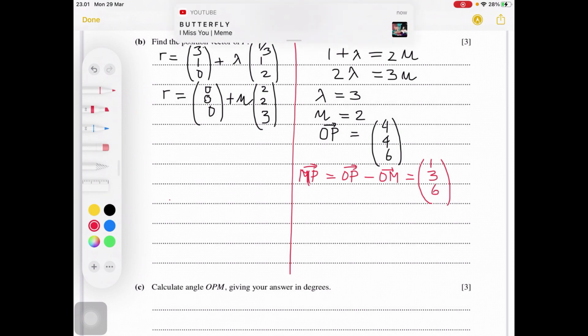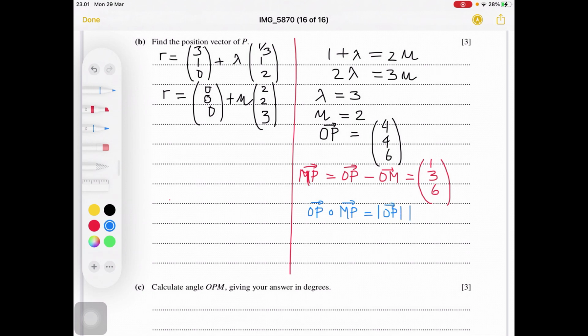And then using the scalar product, OP dot MP is equal to the magnitude of OP times the magnitude of MP times cos alpha. Alpha is the angle between MP and OP.